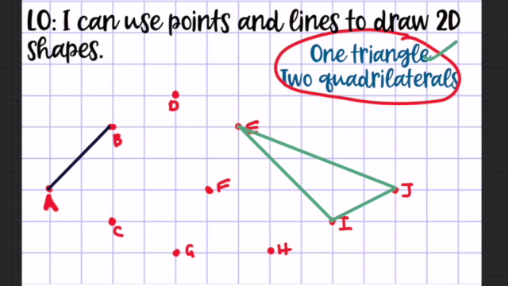It's not necessary, but it just makes them stand out a bit better. A to C, C to F, B to F. So there is my quadrilateral.